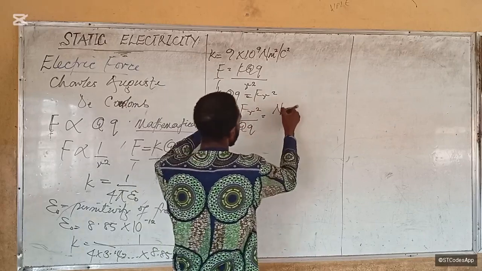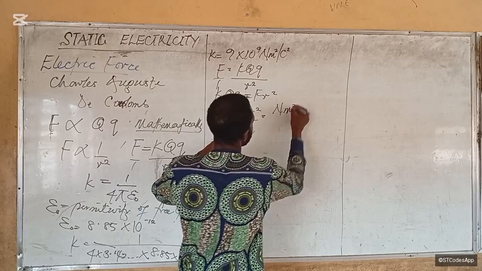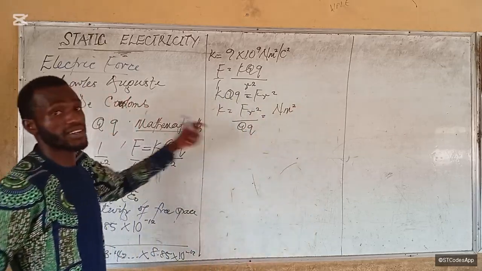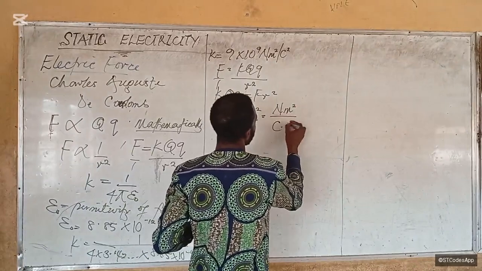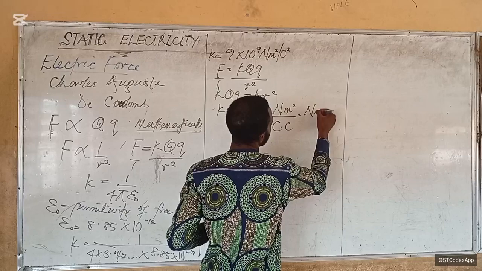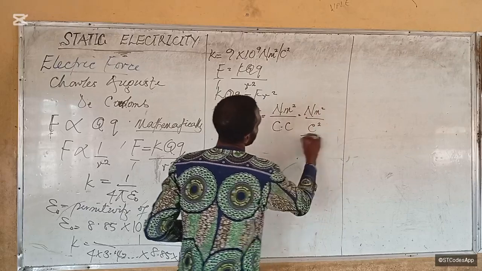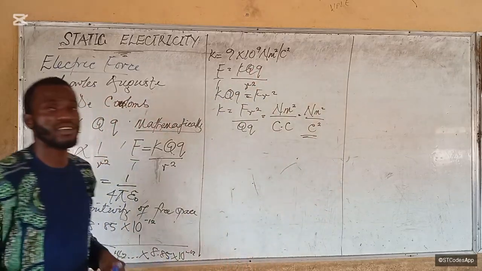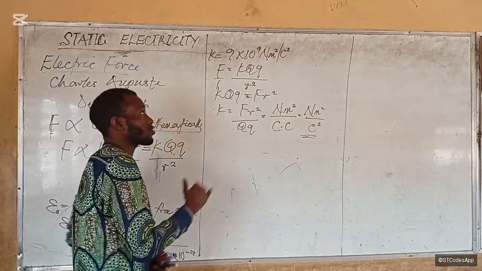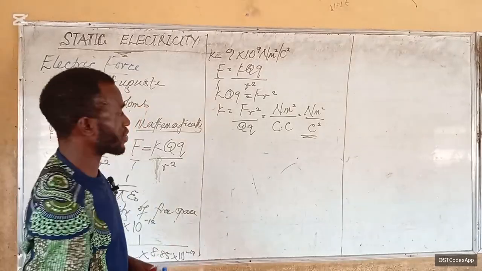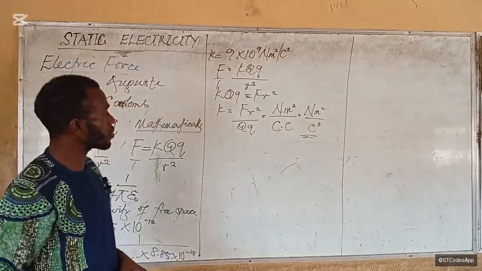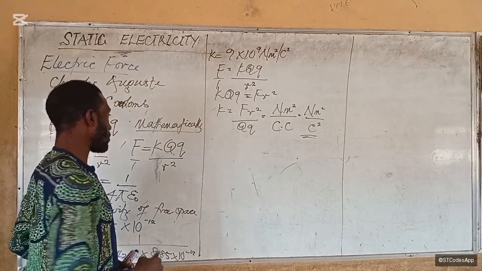F is Newton, r is distance, so r squared is meters squared, over Coulomb squared. That is Newton meters squared over Coulomb squared. So that is what we have there. Per means over. All right. So now let's put that into work. Let's see if we can resolve a question with that law.